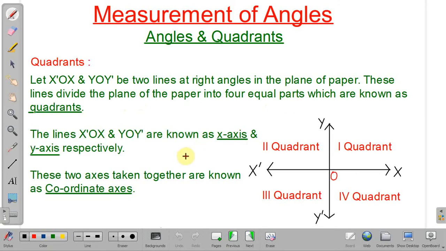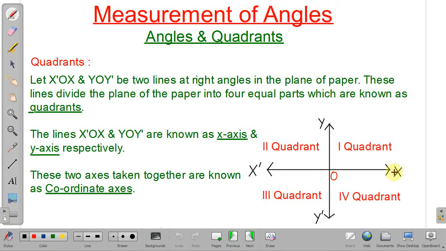Then we will discuss quadrants. Suppose there are two lines XOX dash and YOY dash. These two lines are perpendicular to each other, or at right angles, in the plane of the paper. These lines divide the plane into four equal parts, which are known as quadrants.